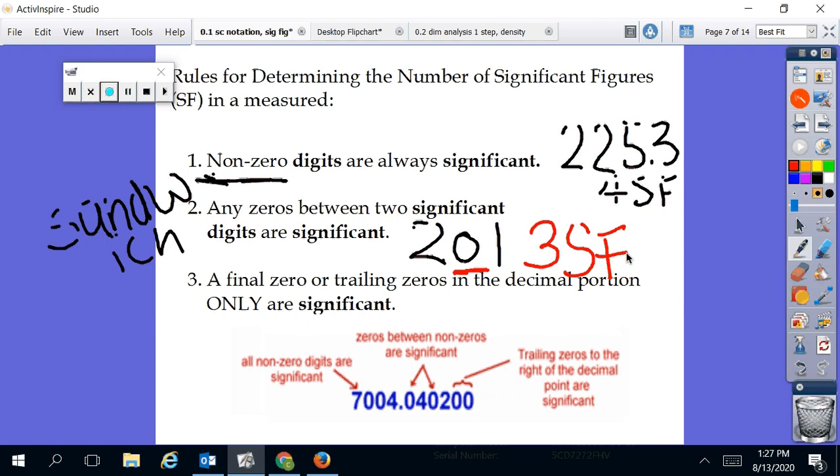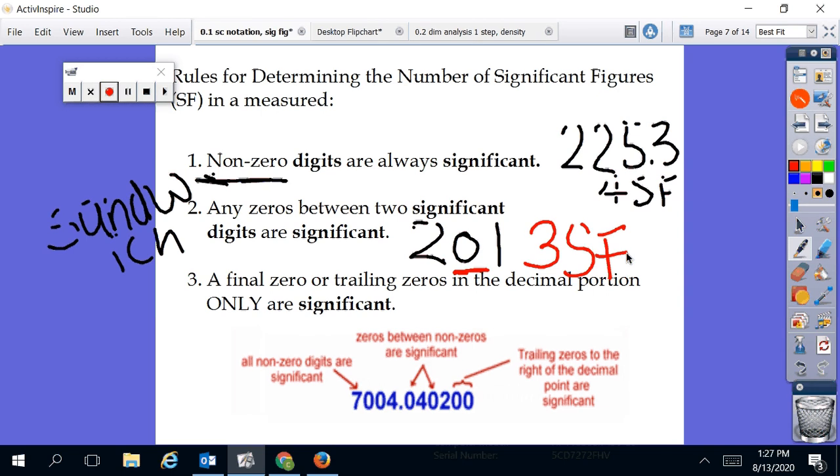And in the end, the last rule, a final 0 or a trailing zero after the decimal point is also significant. So if you have a 0 to the right of the decimal point, or a final 0 or trailing at the end, and they're in the decimal part, they are significant as well.